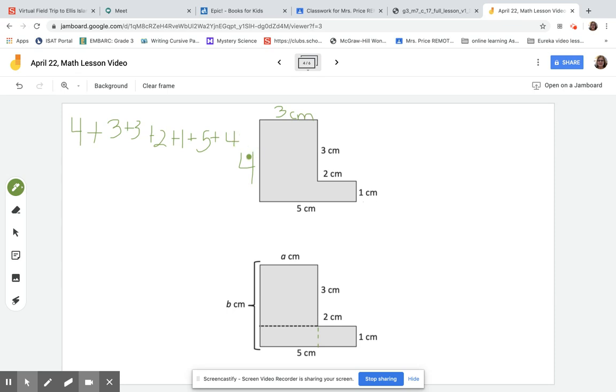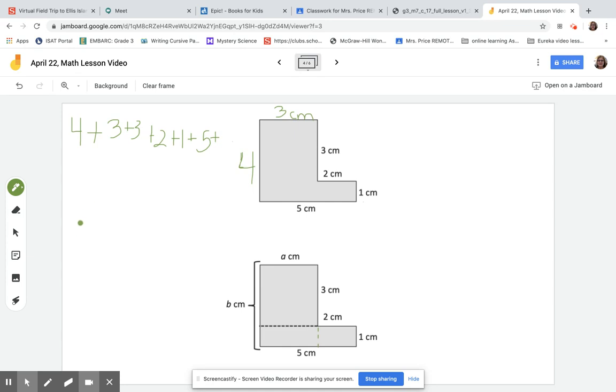Right? Did I have enough? Oh, nope, we started with 4, so I don't need that one. So we've got 4 plus 3 plus 3 plus 2 plus 1 plus 5. Yes, we got them all.